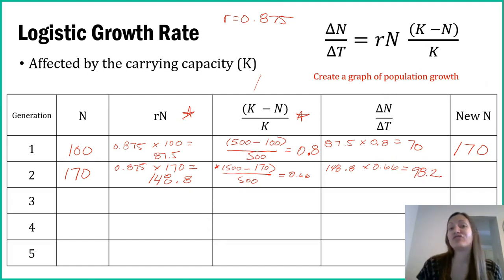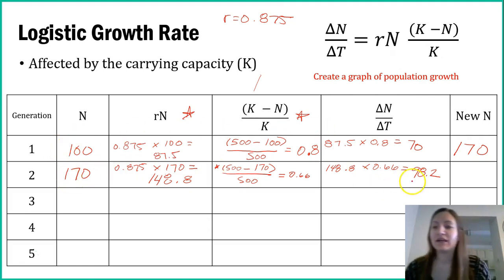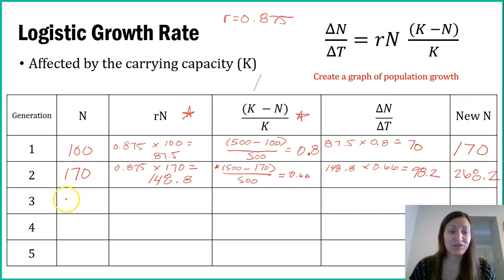So our population has changed by 98.2. I had 170, we are adding 98.2, and this equals 268.2. We ended with 268.2, so the next generation, we are going to start with 268.2. So on and so forth.